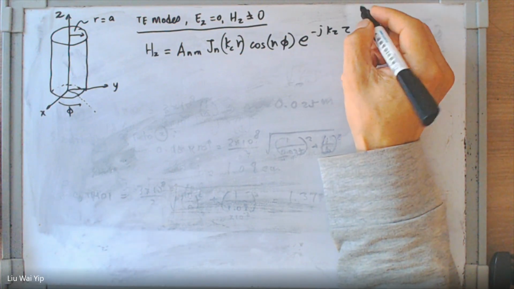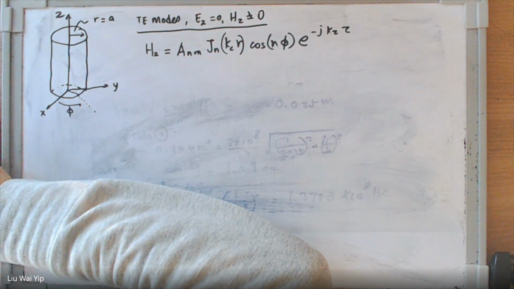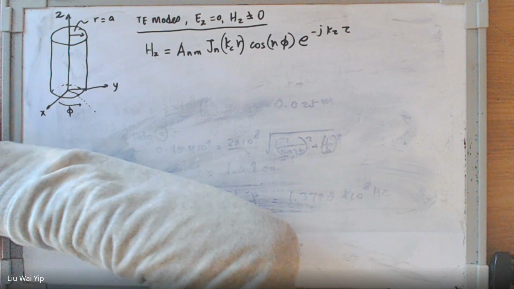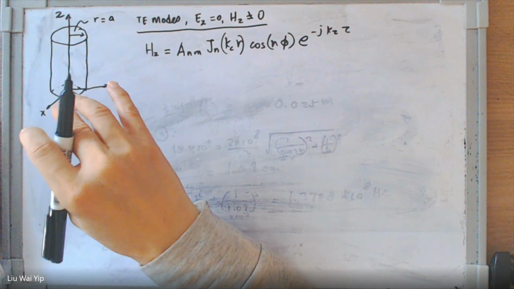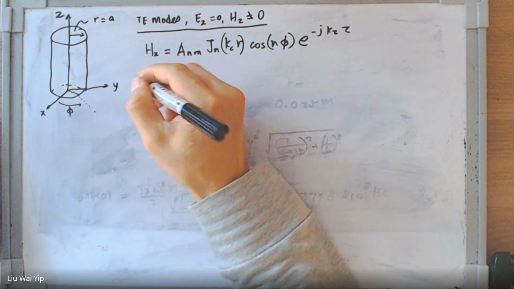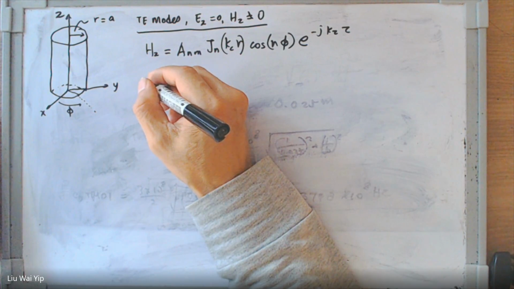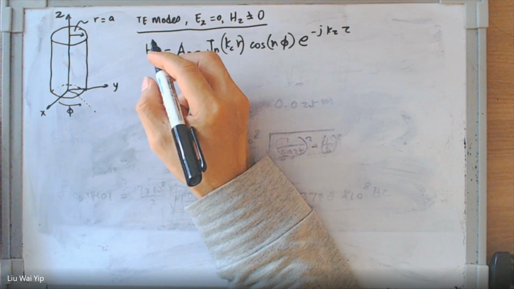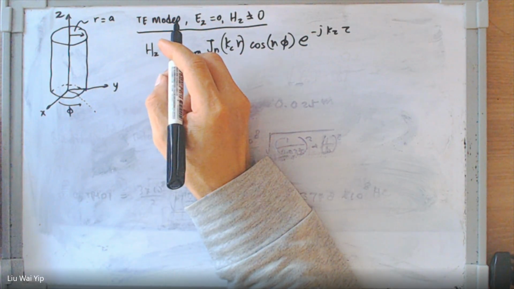So this is the formula for the magnetic field in the z direction. And you can also use other formulas to work out the electric field or magnetic field in other directions.